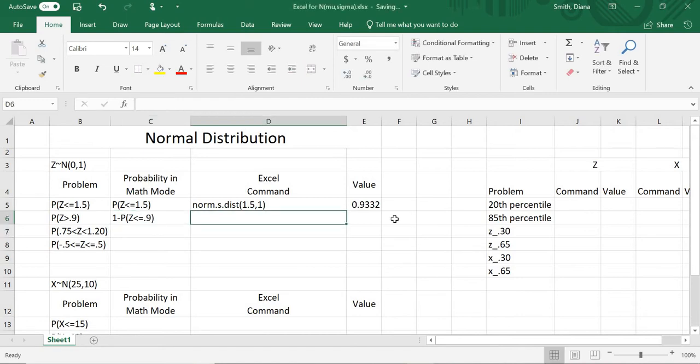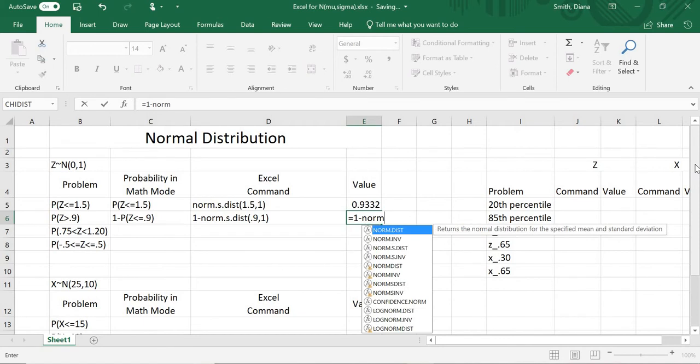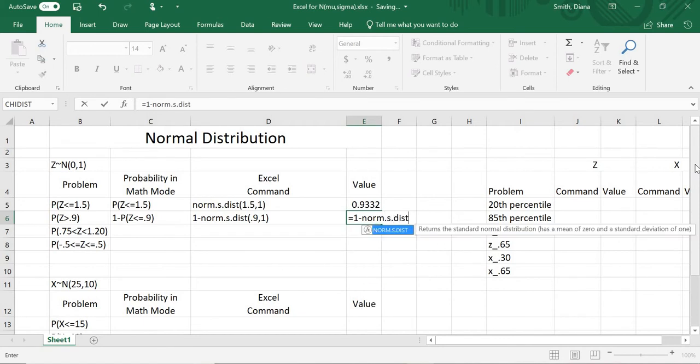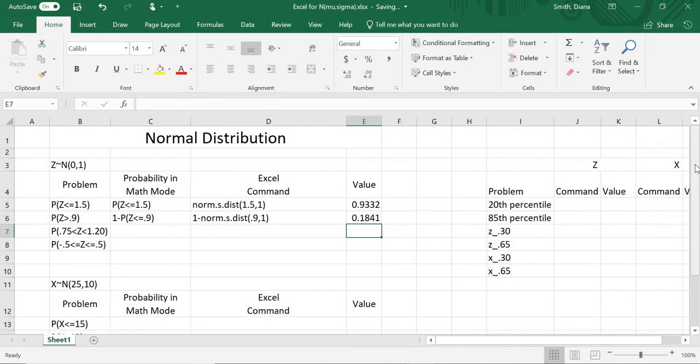To plug that into Excel, I'm just going to do 1 minus NORM.S.DIST, my new Z value, 0.9, and then again, it's always going to be a comma 1. I'll type it over here with the equal sign so that we get a number out. 0.9, comma 1, and we get roughly 18%.